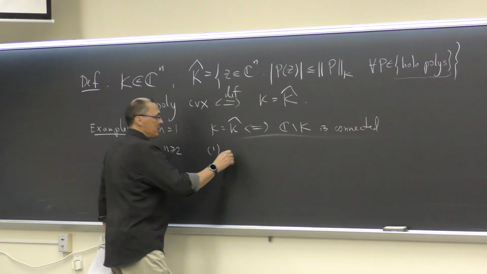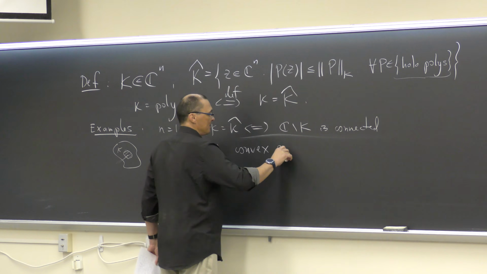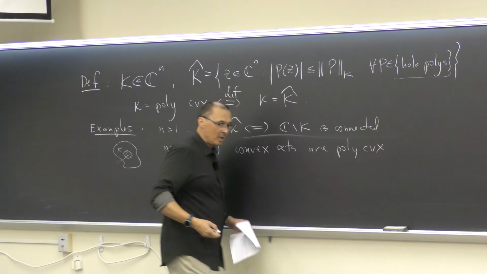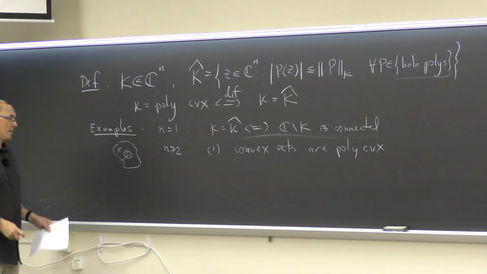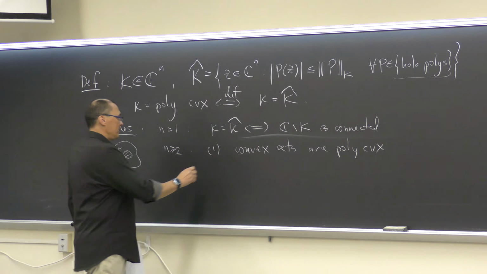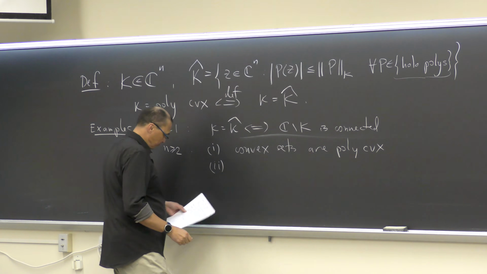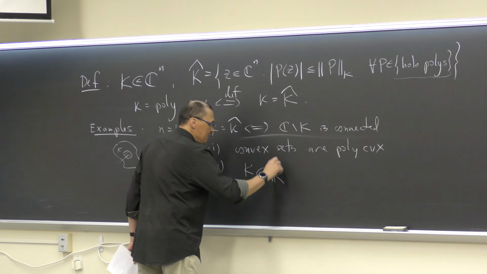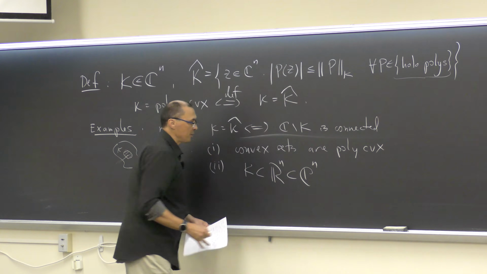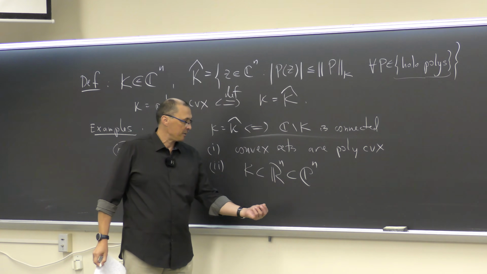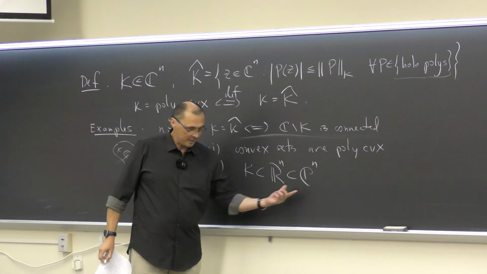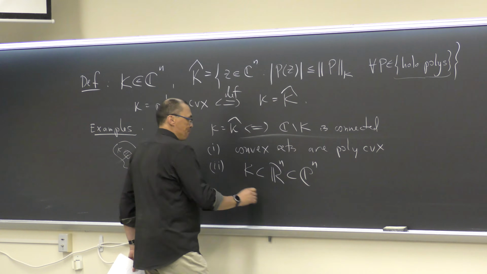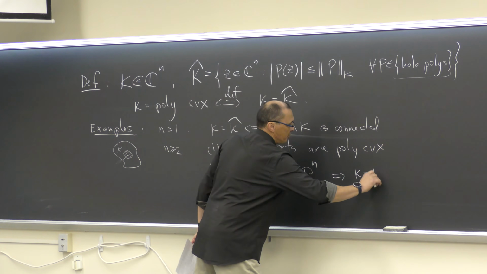But we can take convex sets, and these are polynomially convex. So balls and polydisks are polynomially convex compacts. Another example: if I take a compact set K in Rn sitting in Cn, where this Rn is spanned by the real parts of the complex coordinates, so this will be a totally real Rn, then K is polynomially convex.